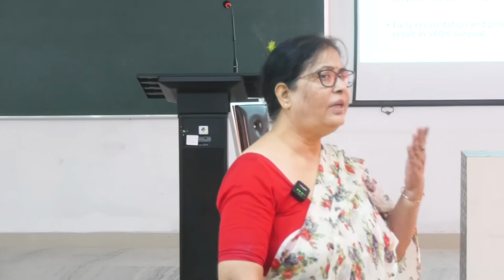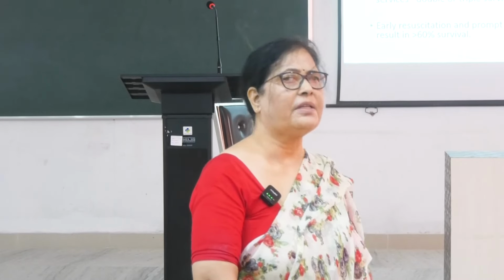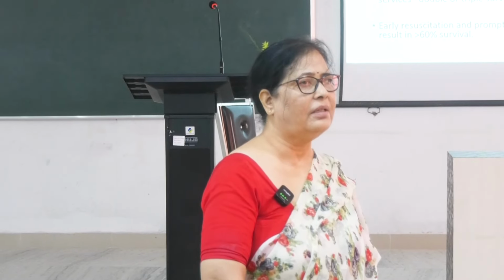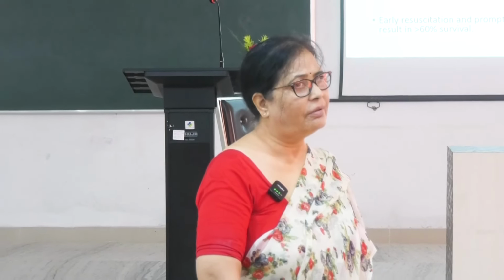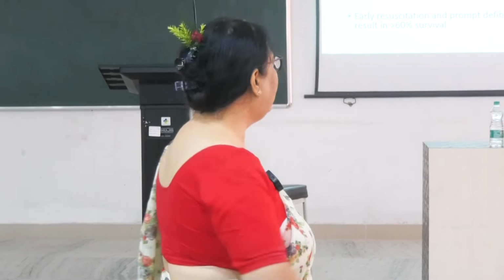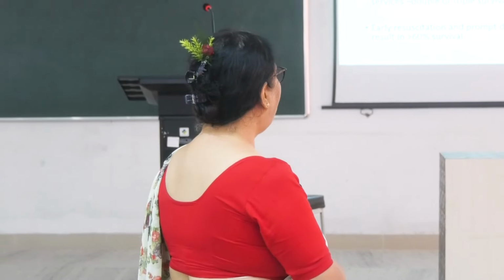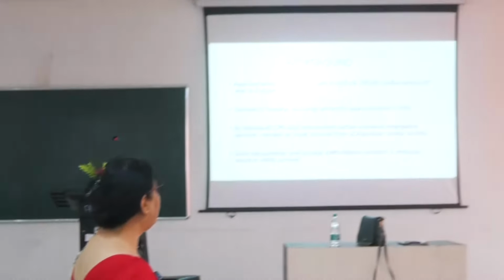And brain can only survive 1.5 minutes. So you have to diagnose within 1.5 minutes and you have to revive the circulation within 1.5 minutes. If you lose this, you will lose the patient. Okay. So that is why the number is so less, 5 to 10%.